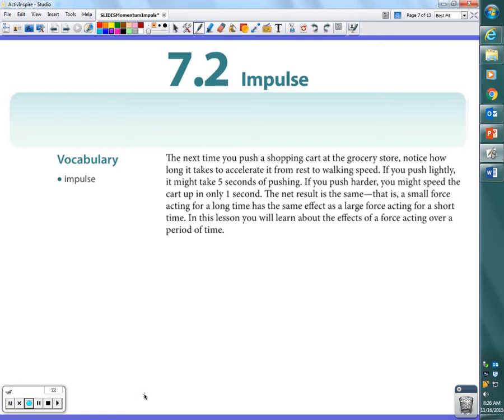Getting back a little bit to what you talked about before with the force and the distance, right? At the beginning here, they have a little description of a situation that might happen in the parking lot of the grocery store. Let's say you're at the grocery store with a little cousin or a little brother, and they want to push the cart full of groceries back to your car to get it filled up.